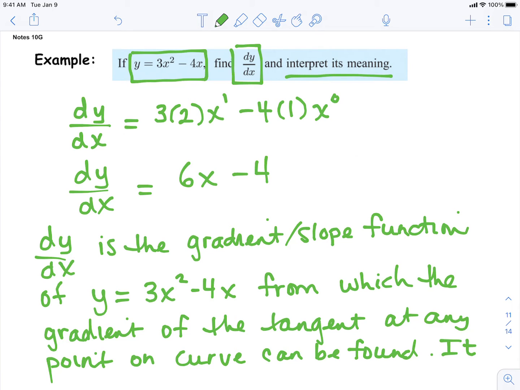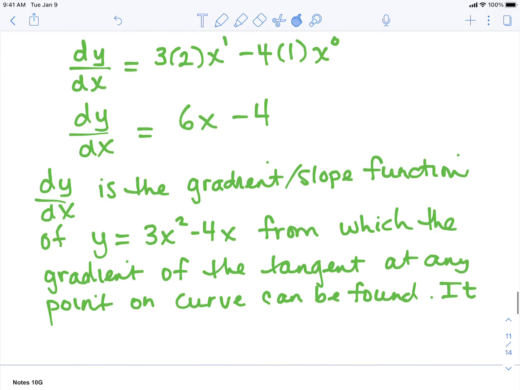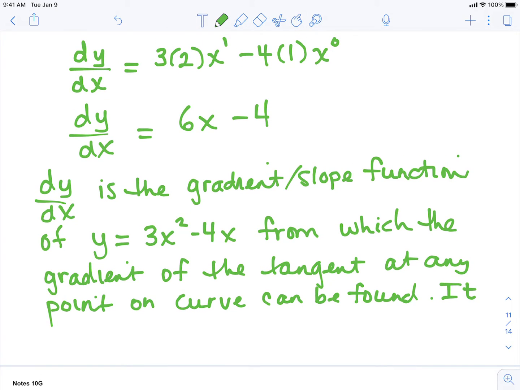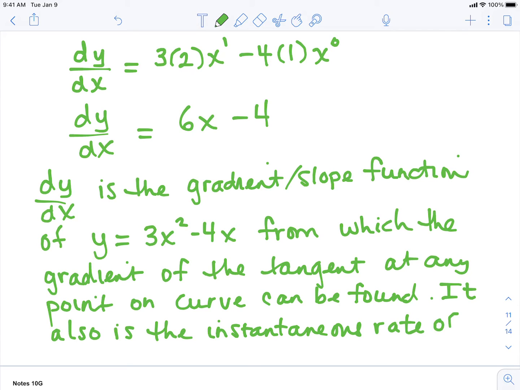It also is the instantaneous rate of change of y with respect to x.